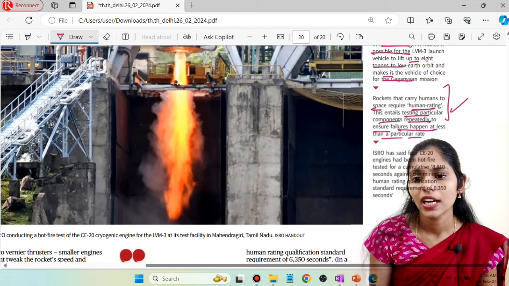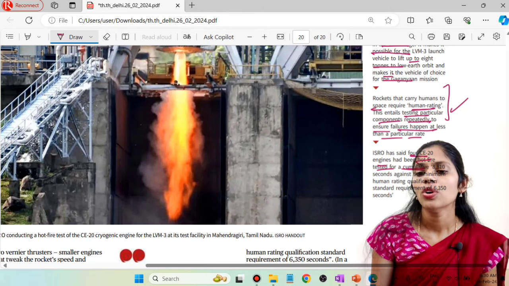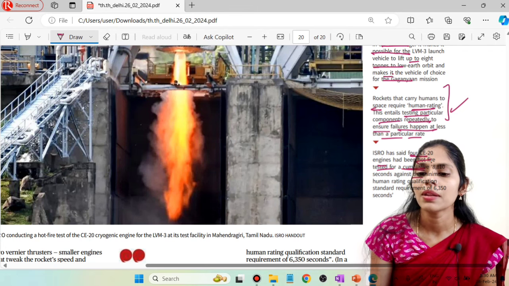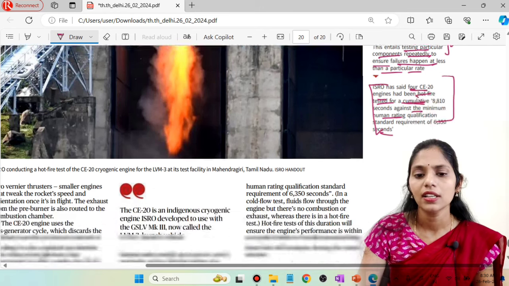ISRO said that 4 CE-20 engines had been hot fire tested for a cumulative 8,810 seconds, against the minimum human rating qualification requirement of 6,350 seconds. So these are some important things given in this article.